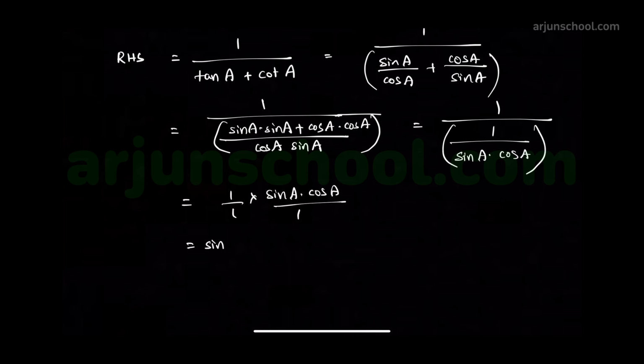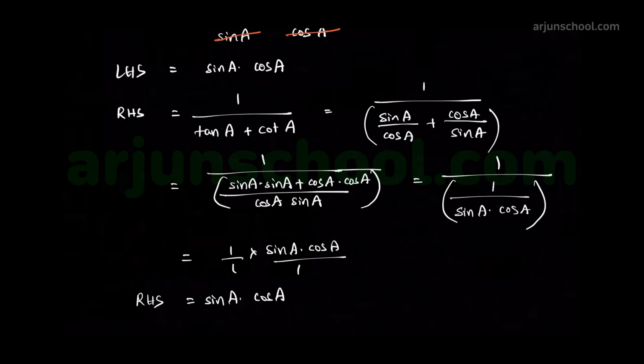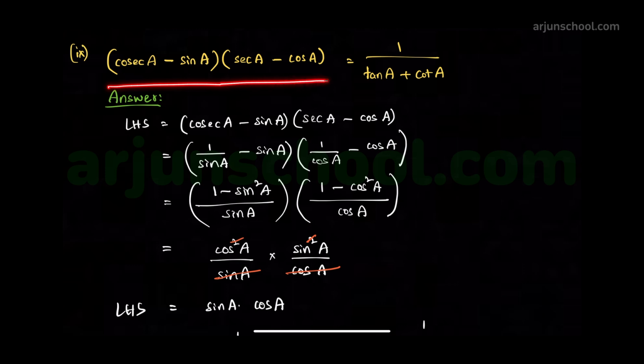That is equal to sin A cos A. LHS is equal to RHS. Hence, we have proved that cosecant A minus sin A of secant A minus cos A is equal to 1 by tan A plus cot A.